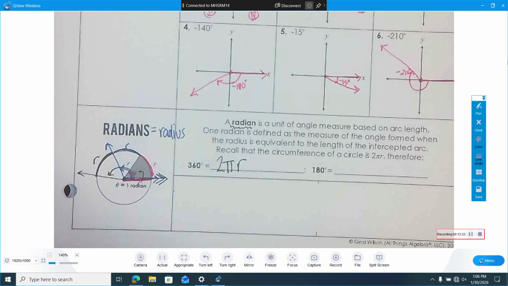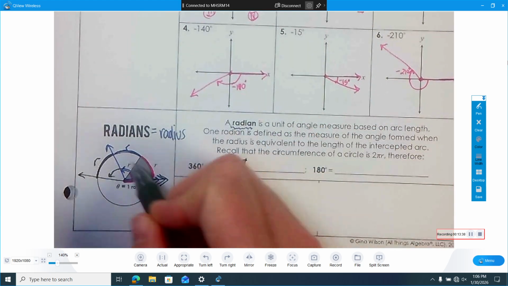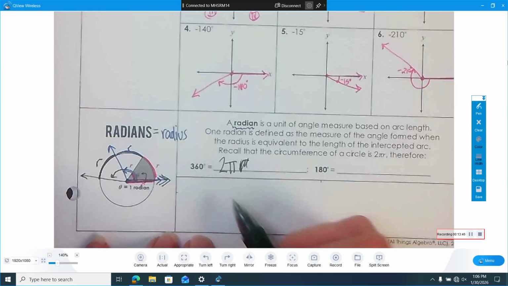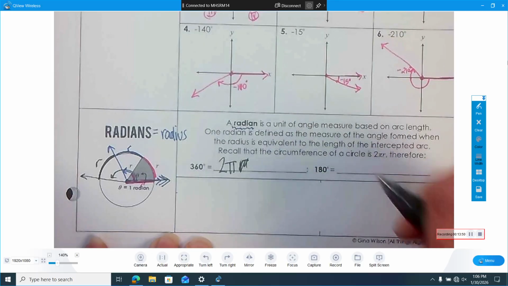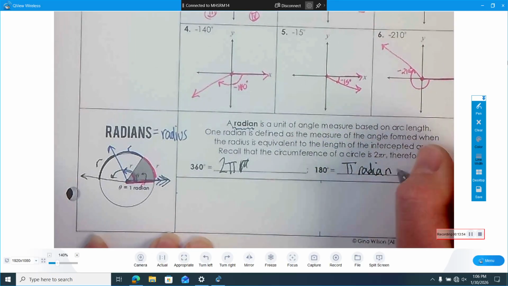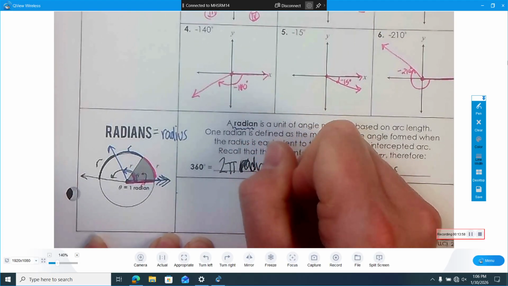Well, I don't need the r, that's to measure the radians. 360 degrees is going to equal that whole circle, which I can reduce. I can divide both by 2, right? Pi radian. I meant to write instead of r, that's a radian.